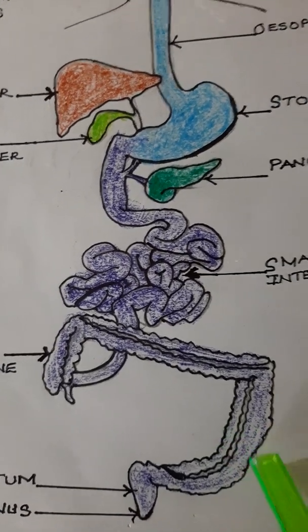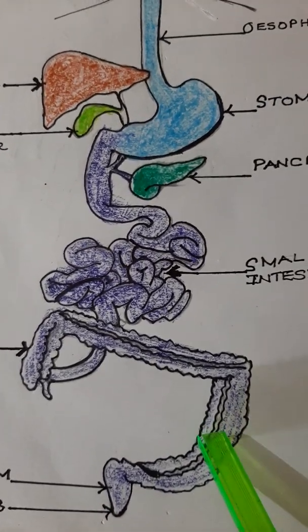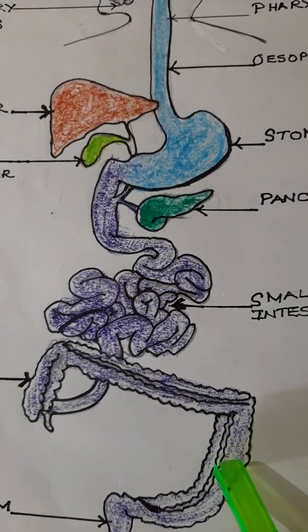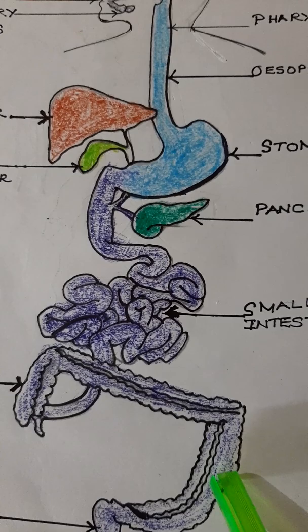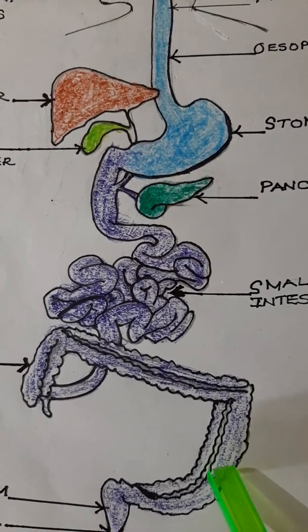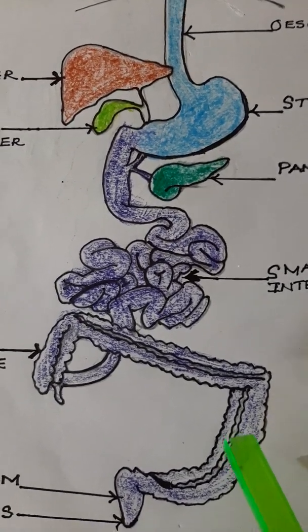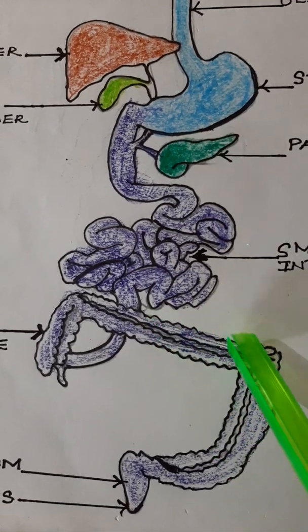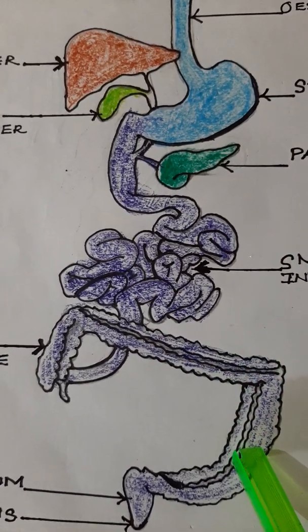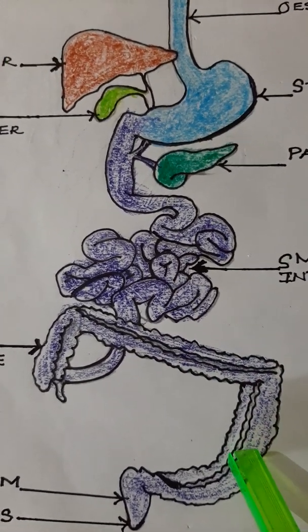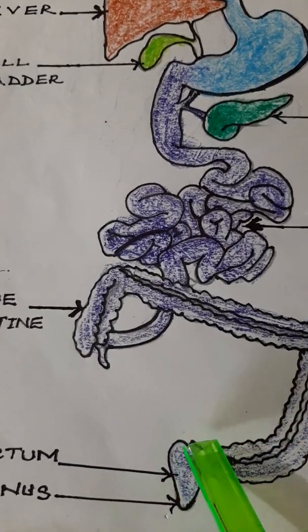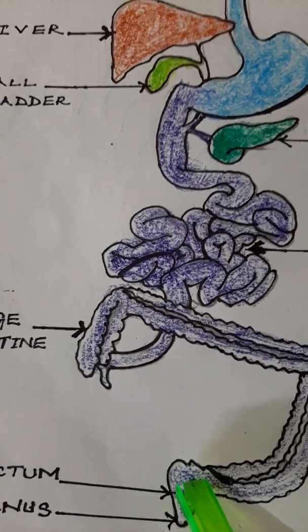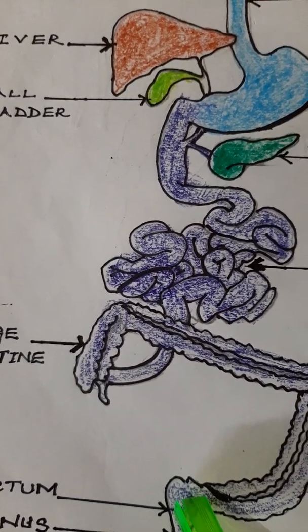What does the large intestine do? It mainly absorbs water from the undigested food and turns it into a semi-solid matter. All the way it is absorbing the water, and the semi-solid matter reaches the rectum.